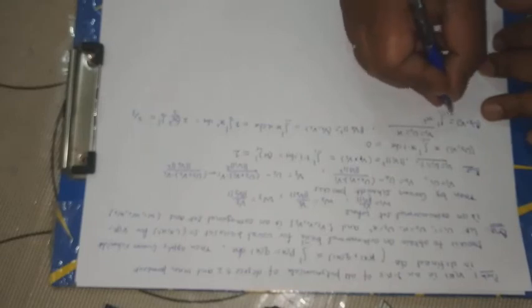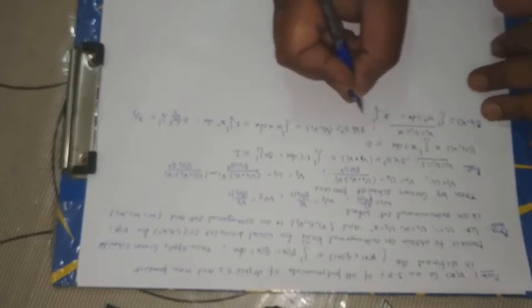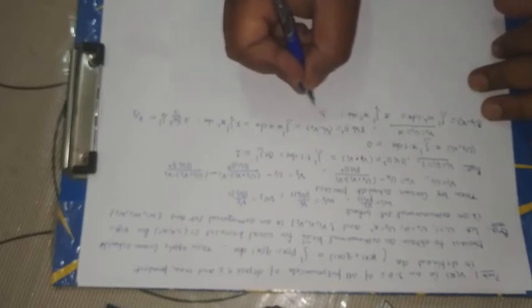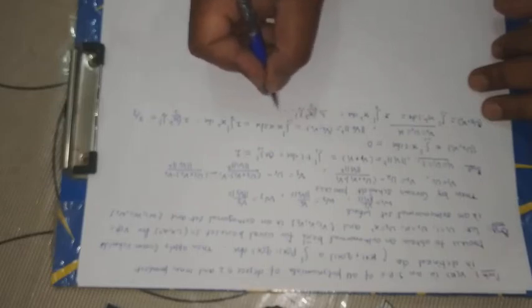The inner product of u3 with v1 can be written as the integral from -1 to +1, value of u3 is x square, value of v1 equal to 1, this is equal to 2 times the integral from 0 to 1 of x square dx, this is equal to 2 by 3.